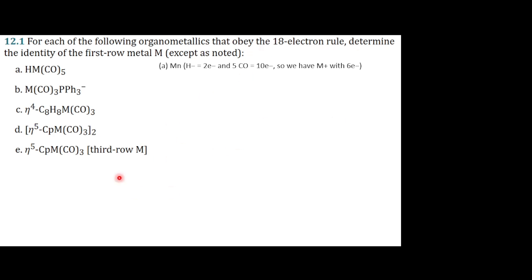Now, this one right here, we're trying to figure that metal out. How many electrons are typically in each of these ligand attachments? How many electrons are typically in a single bond? Two. So these are all going to end up with 2 electrons unless you make multiple connections, i.e. the hapticity.